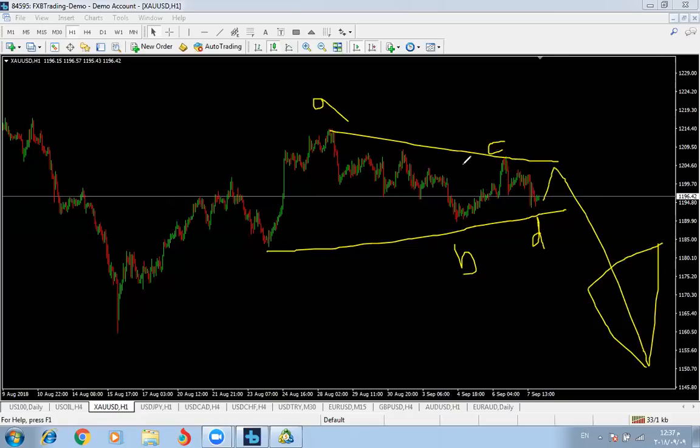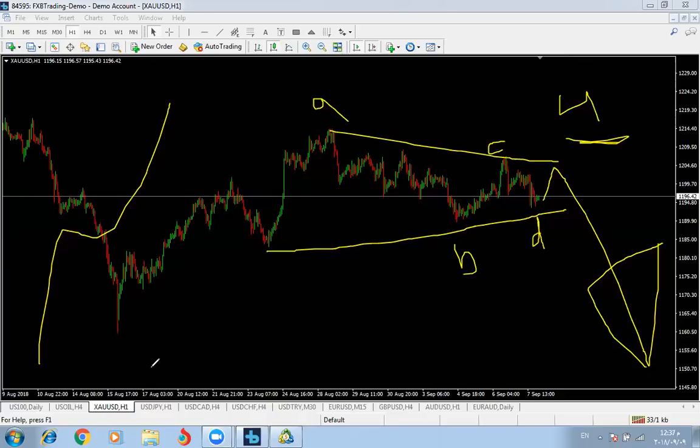And as you know, triangles are usually in wave four. So the chance is that we are not going to see extra movement to the upside from this area, because the corrective structure has changed from a WXY structure.